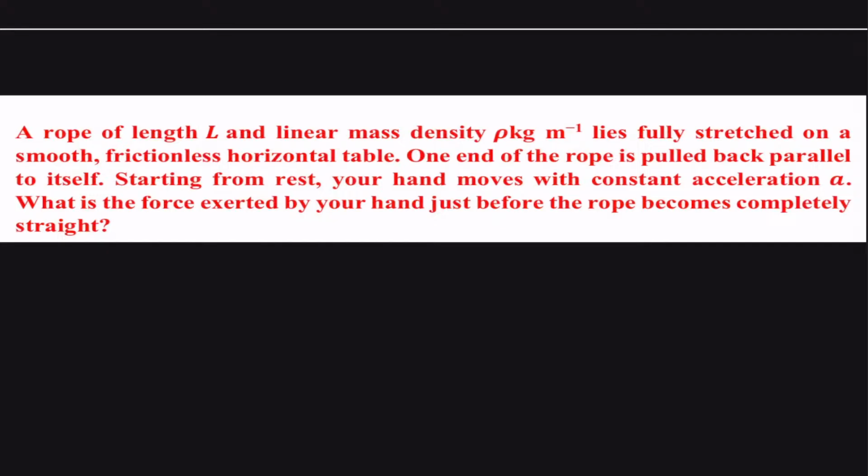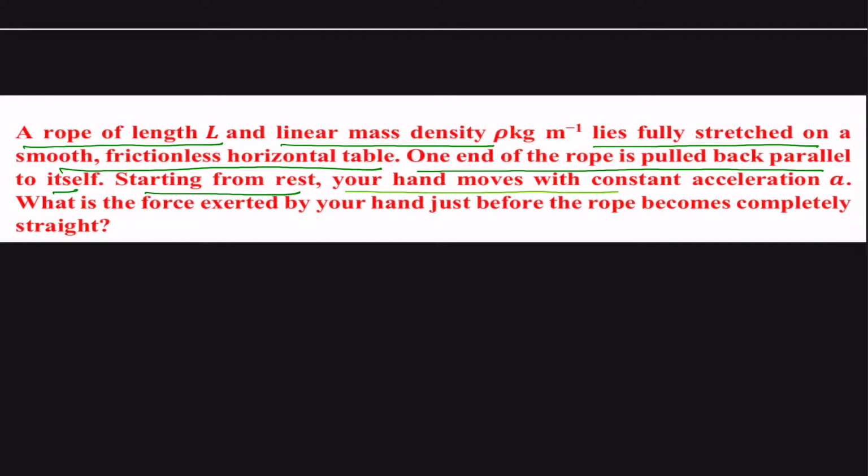So it states that a rope of length L and linear mass density rho lies fully stretched on a smooth frictionless horizontal table. One end of the rope is pulled back parallel to itself, starting from rest. Your hand moves with constant acceleration A. What is the force exerted by your hand just before the rope becomes completely straight?